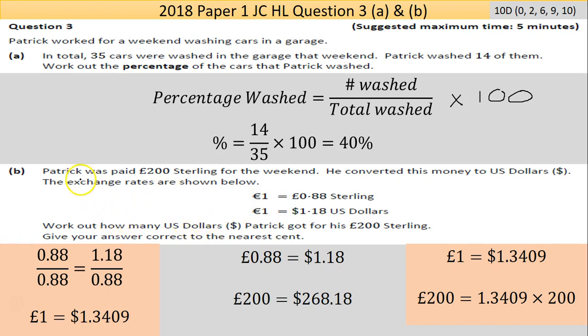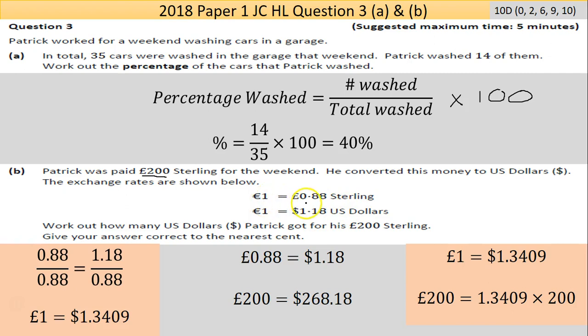Patrick was paid 200, so that information is important. We're asked to work out how many US dollars Patrick got for his 200 sterling. In one sense, if I know how many euro he got, I can then convert that to dollars. Or, simpler, can I make a conversion rate between the sterling and US directly, and save myself some time?